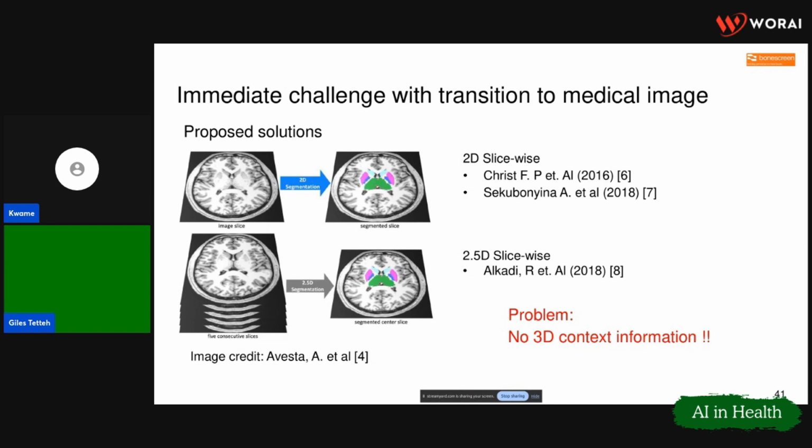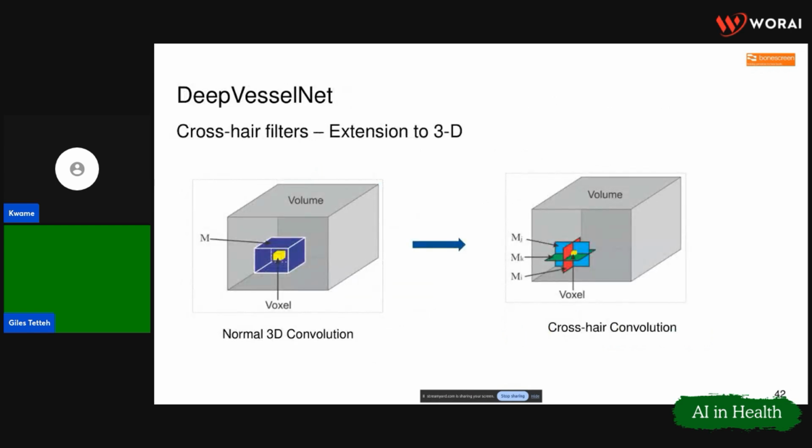And as a way of proposing a solution, we have what we call crosshair filters, which basically, instead of using a 3D convolution, and sorry if you don't know what convolution is, maybe I moved a bit one step forward, it's basically a way of extracting information within a given region using convolutional filters.